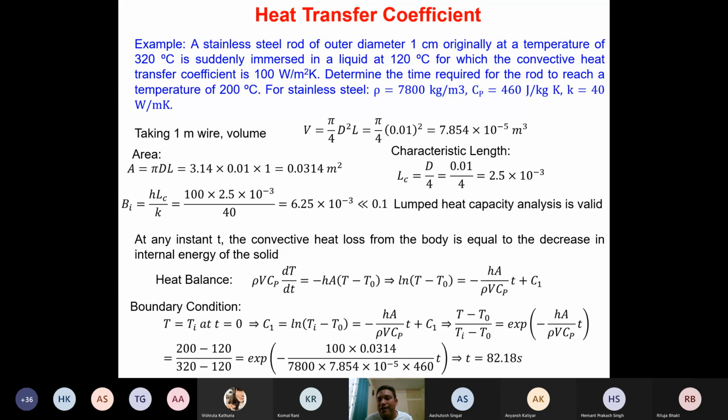In that case, how the temperature is going to vary, you can find out by using the concept used in this particular example.